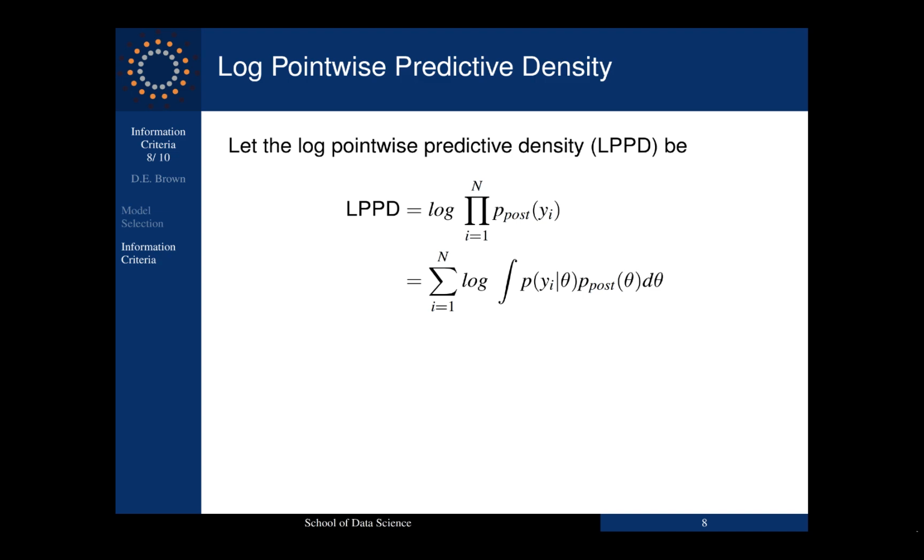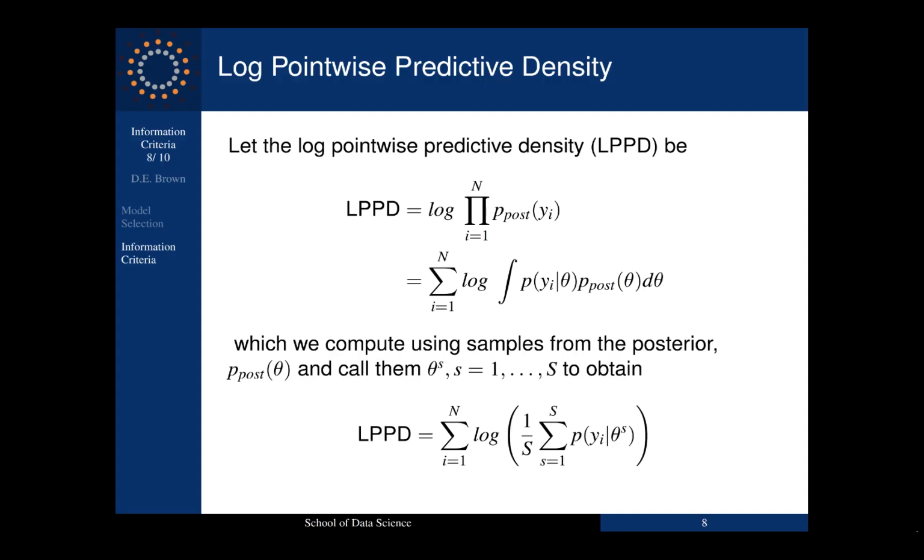Then, if we do our typical trick, which is conditioning on the value of the parameter or parameters and integrating that out, we can compute the LPPD. But we don't actually do the integral.